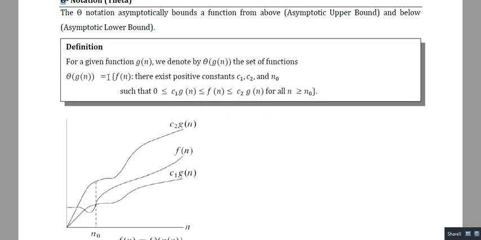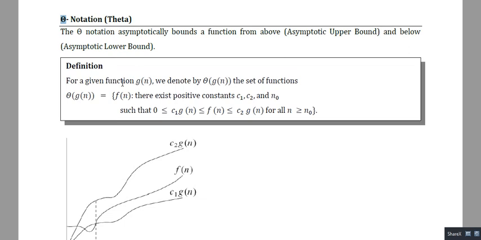So given a function f(n), it can be expressed as theta of g(n). Actually I can also write it in reverse way, f(n) equal to theta of g(n), or you can write theta of g(n) equal to f(n).